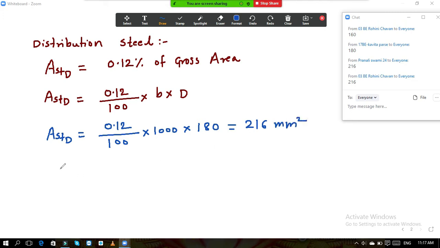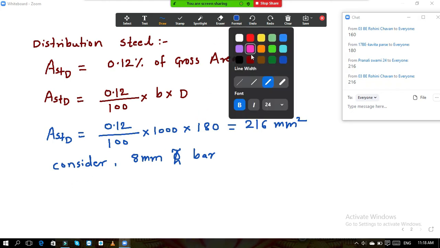Now let us consider 8 diameter bars for distribution steel. So consider or assume 8 mm bar diameter. Therefore, number of bars we need to calculate now.